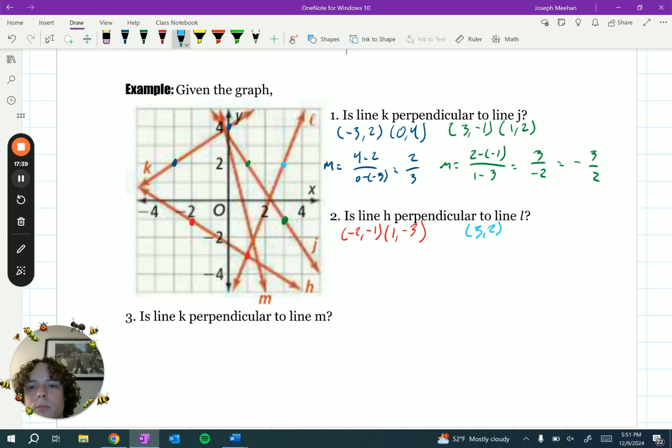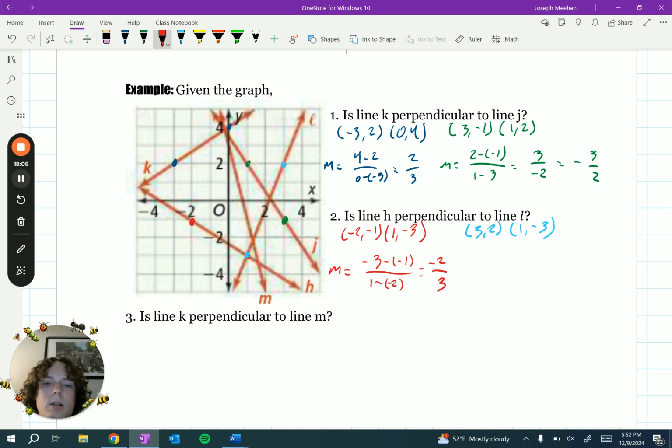And it looks like they share the point 1, -3. All right, so let's try it. -3 minus -1 over 1 minus -2. That gives us -2 over 3, my bad, -2 over 3.